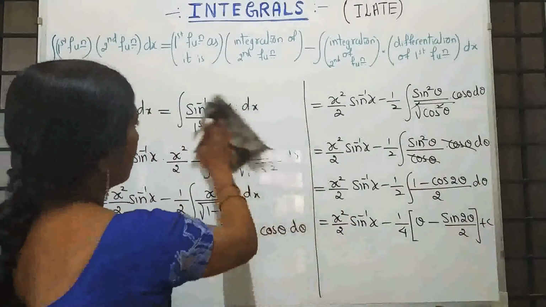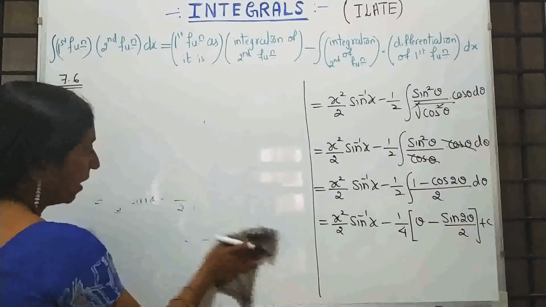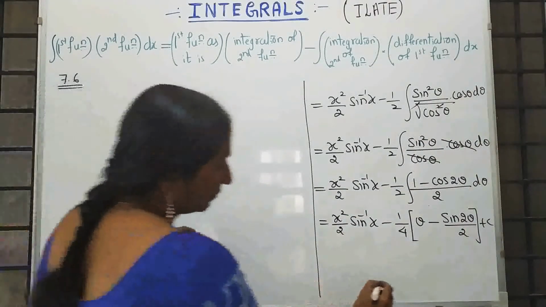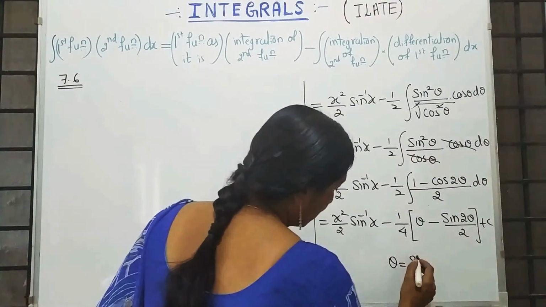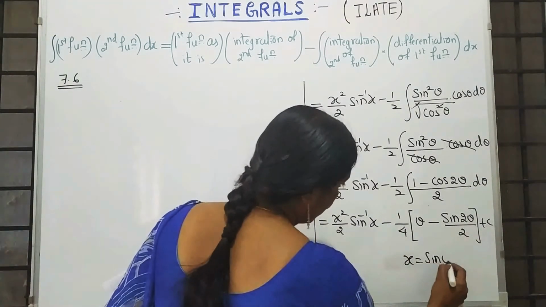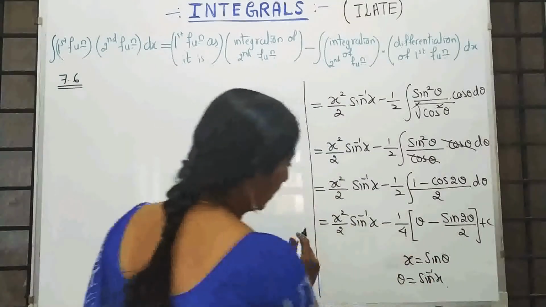But here half of the answer we got in the form of x and half in the form of theta. How to write that? You know that x substitution is sine theta. Then what is theta? Theta is sine inverse x.